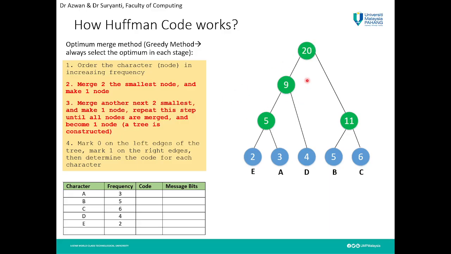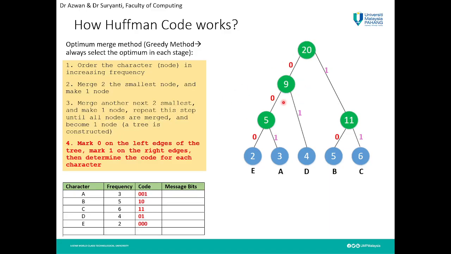So what next is we need to mark 0 on the left edge of the tree and mark 1 on the right edge. So we mark the left edges as 0, and the right edges as 1. Now we already get this tree.